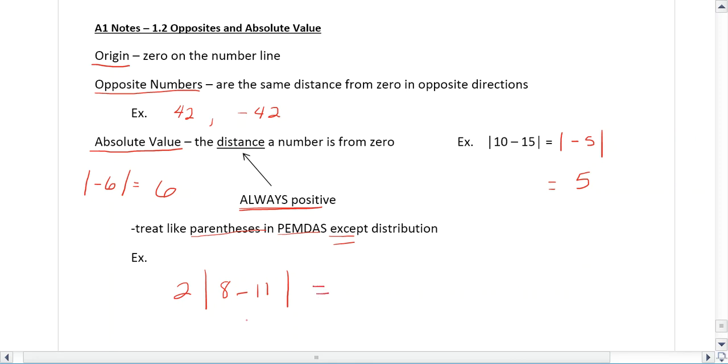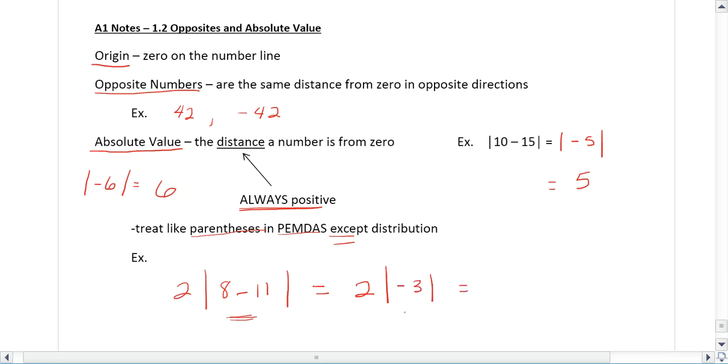So how you would do this, again, because it's like parentheses, do this operation inside the absolute value, leave this 2 alone, we'll just keep it there. 8 minus 11 is negative 3.